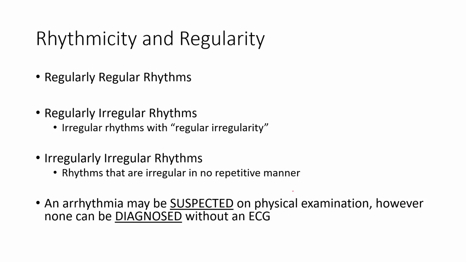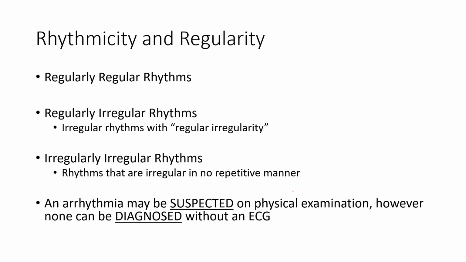In a patient with an arrhythmia, you may have an irregularity in there. In some instances, you may have a pattern where it's normal beat, normal beat, normal beat, pause, normal beat, normal beat, normal beat, pause. So there's a prolongation in the interval of time, or a shortened interval of time.